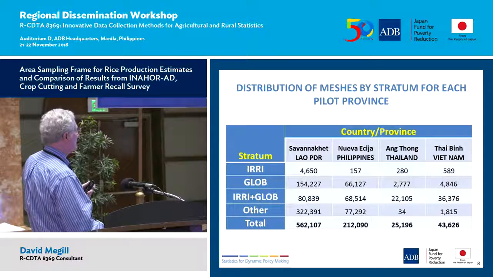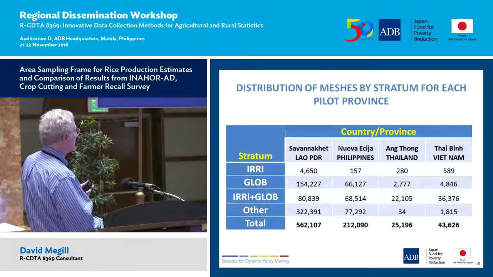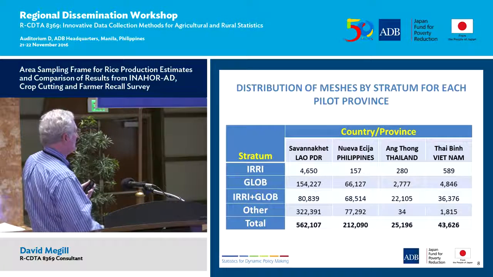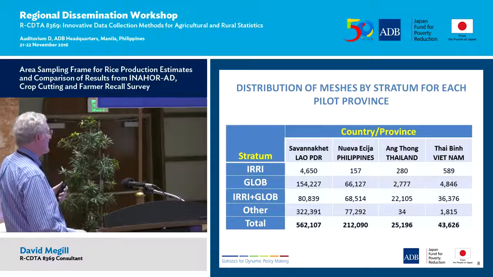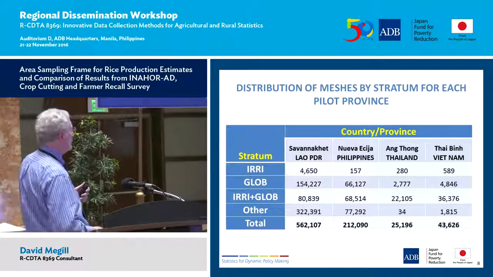And here you can see the total number of meshes in each of the provinces. So you can see that Savannakhet in Lao PDR is much larger than some of the provinces in terms of total area.